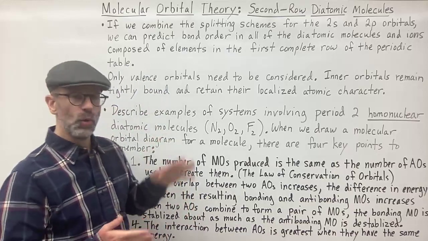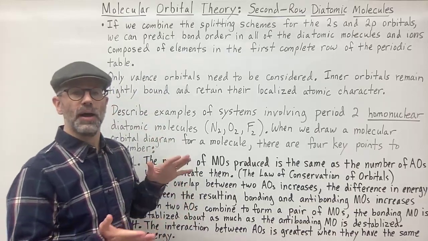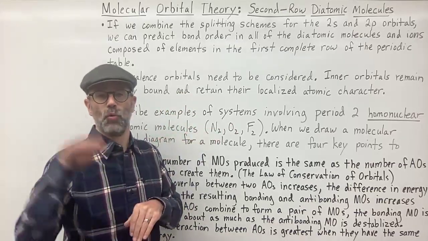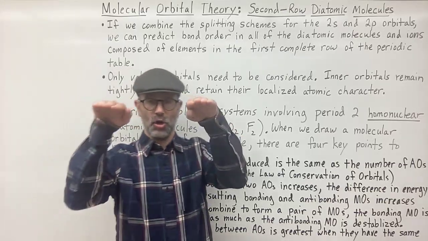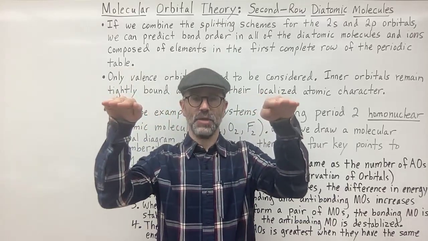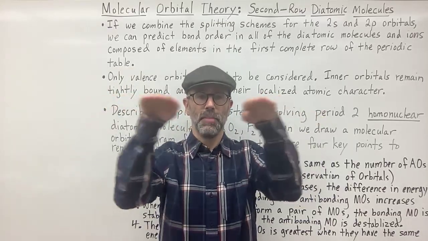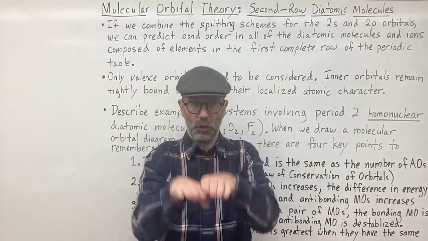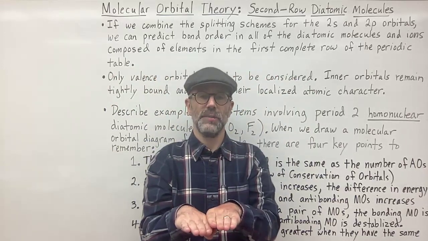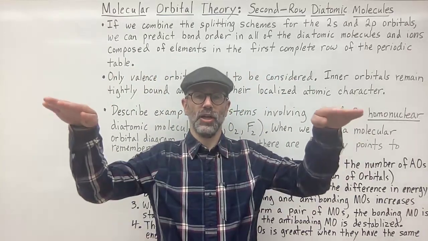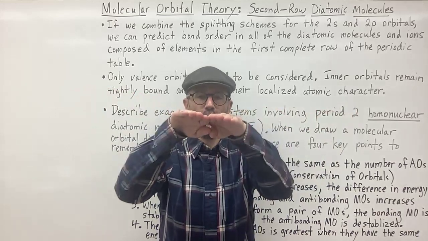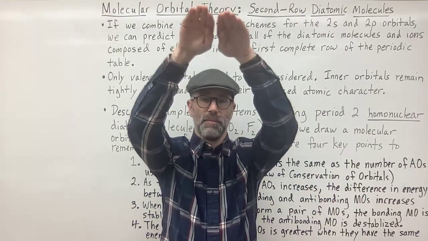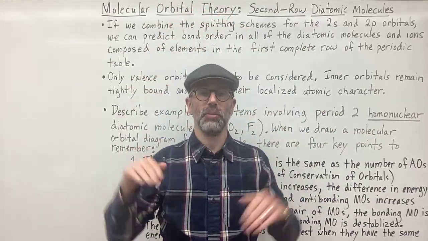So what that means is when you are creating molecular orbitals from equal energy atomic orbitals like 1s and 1s, right? So you have the 1s orbitals that are at the same level. If they combine forming a bonding molecular orbital, that molecular orbital is going to be lower energy, and that's going to be stabilizing. And then when they come together in a destructive way, that's going to be destabilizing, and the molecular orbital that results is going to be higher in energy.